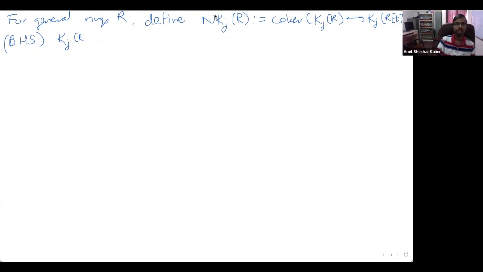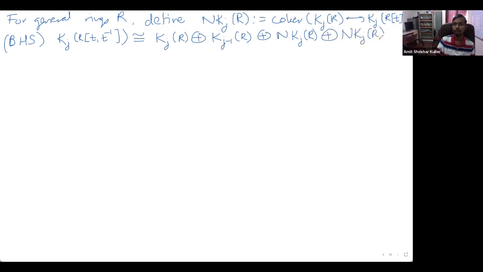K_j of R[T, T inverse] is isomorphic to K_j of R, direct sum K_{j-1} of R, direct sum NK_j of R, direct sum NK_j of R. So these two copies of NK_j come from the embedding of R[T] into R[T, T inverse] and R[T inverse] into R[T, T inverse].